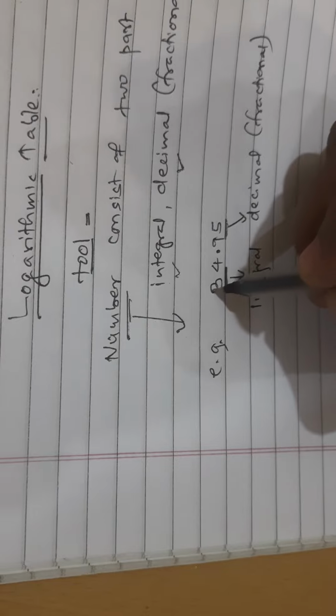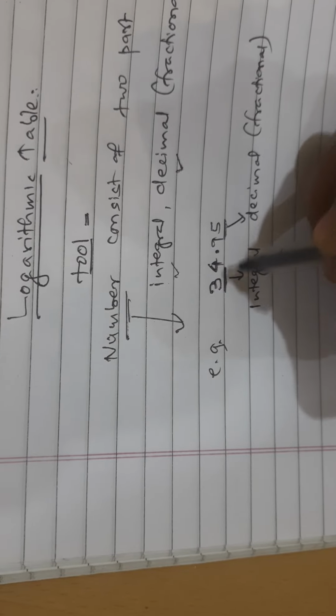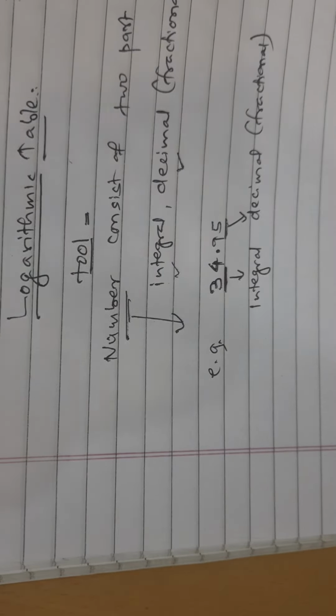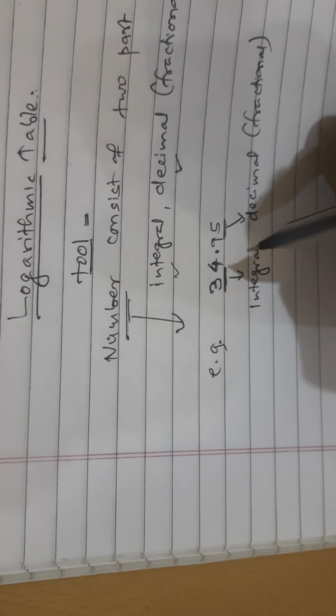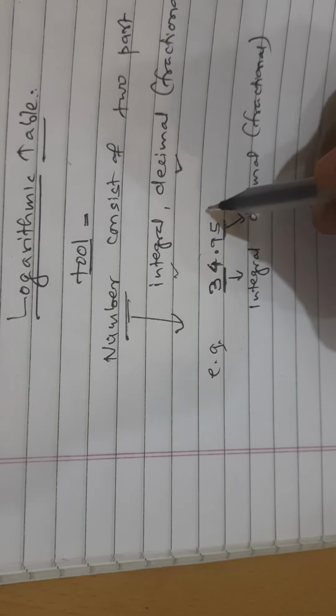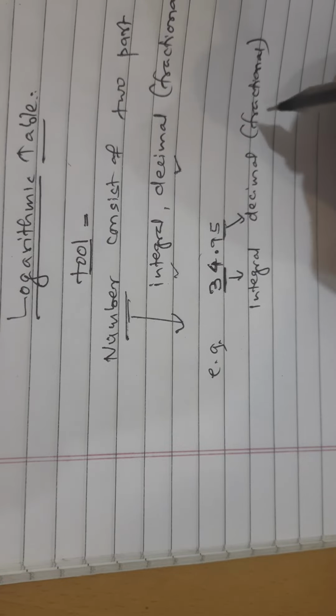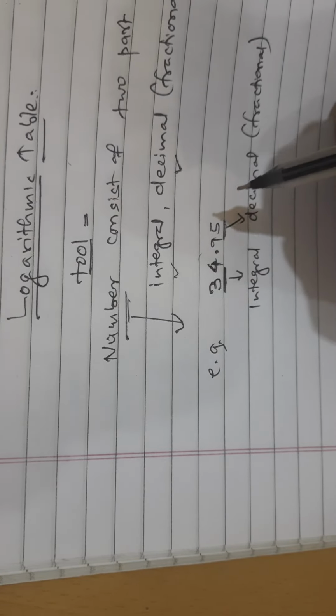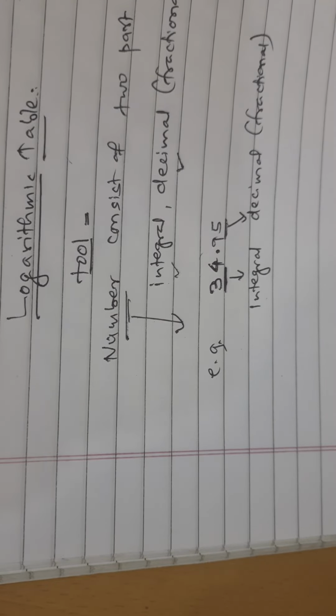Here 34 is greater than 1 and 0.95 is less than 1. A number may consist of only an integral part, only a decimal part, or both.